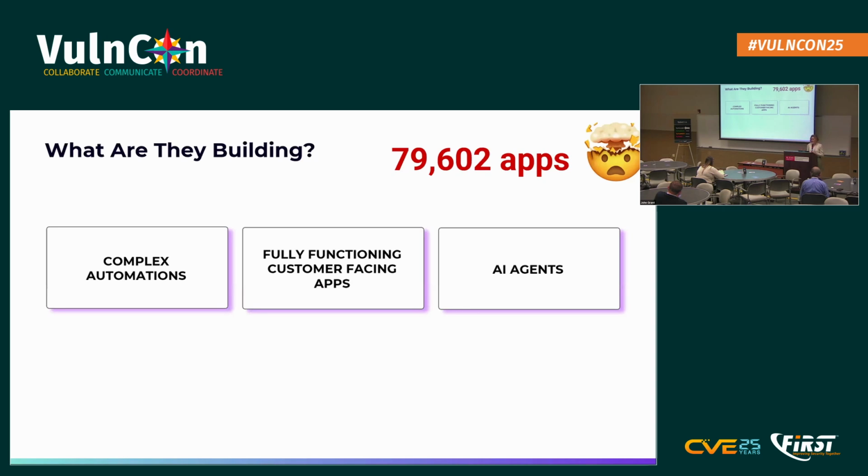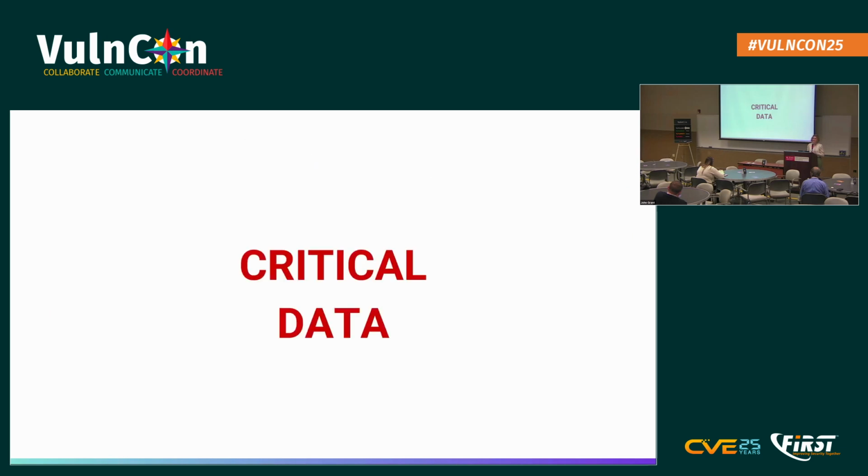So what do all these things have in common? Critical data. We're talking about business innovation platforms. Business data is inherent to what they do. It's native. And so now we have these applications being built in platforms that inherently interact with critical data.